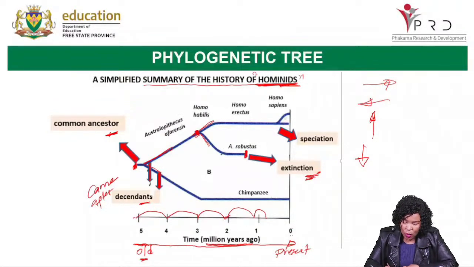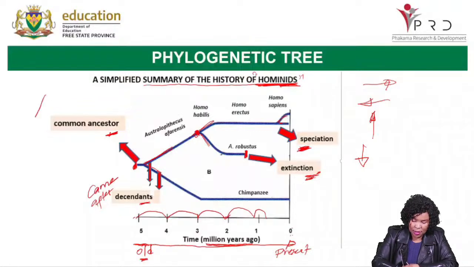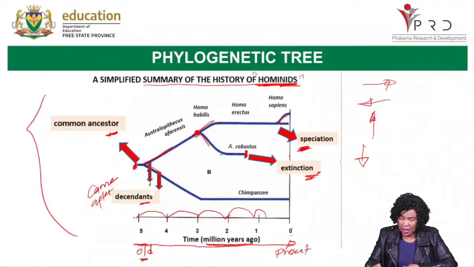And then when you see also the branching and organisms living at the same period, that will be speciation. So please make sure that you know how to read a phylogenetic tree, but we are going to use examples now to see how you apply this knowledge that you've learned about a phylogenetic tree.